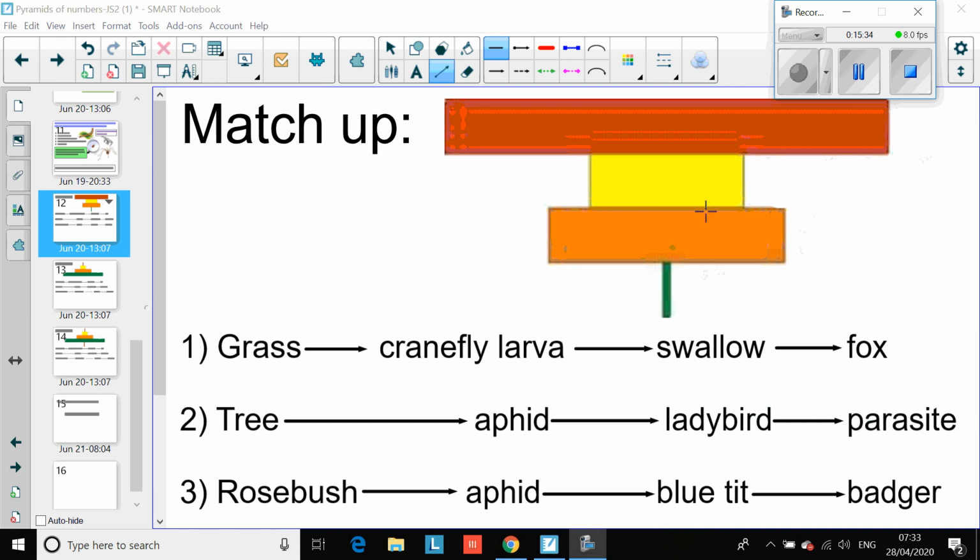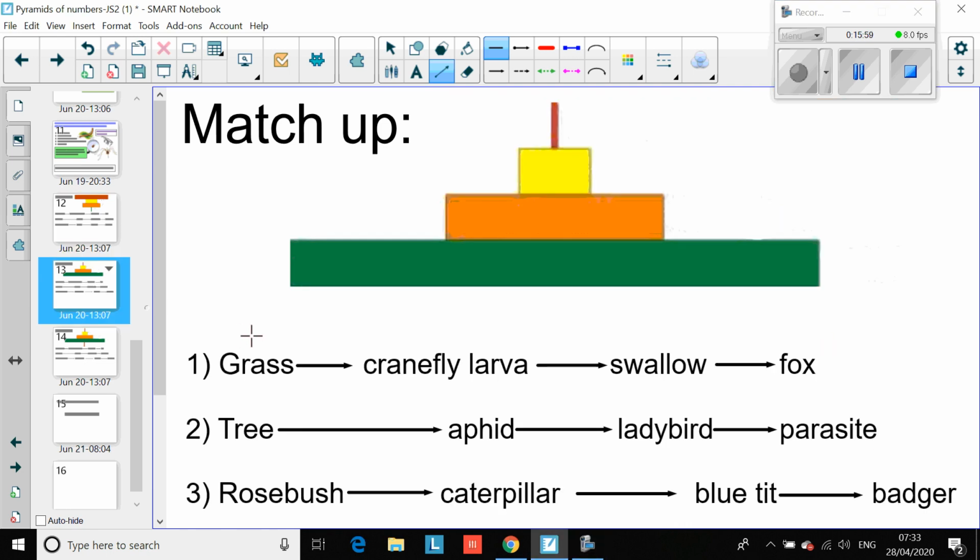Yes, they have tiny, tiny single-cell parasites that live on them. And if you've got, say, 500 ladybirds, and each one has, say, 10 parasites, well, then yeah, that's going to be bigger. So it was actually number 2: tree, aphid, ladybird, parasite. So give yourself a tick if you got that one right.